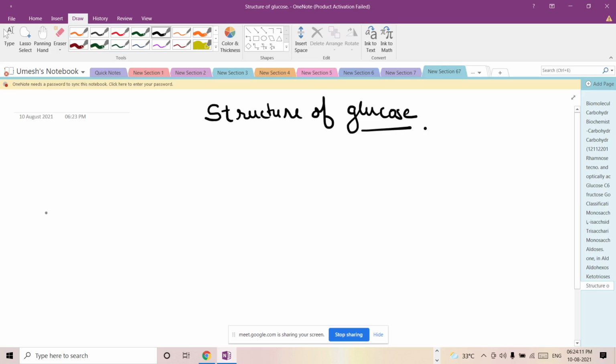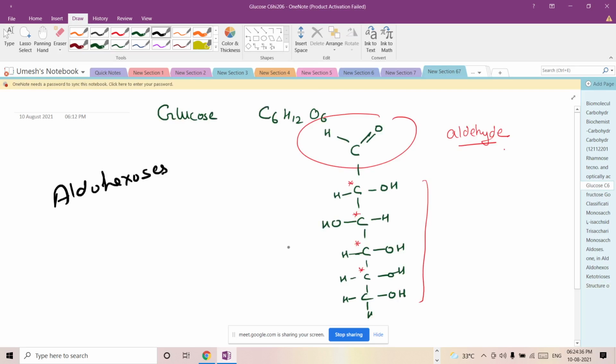The structure that we have discussed, I'll be proving that it has an aldehyde group and 5 OH groups. This molecule has either a straight chain or cyclic structure, whatever structure we have. Right? We have to go into detail of all this. So how do we come to know that this is the particular structure of glucose? How do we come to know practically?